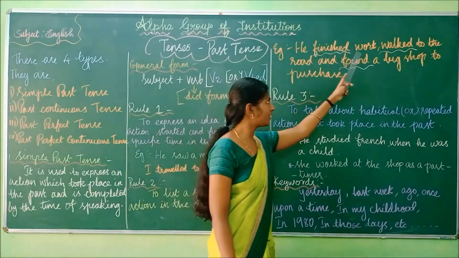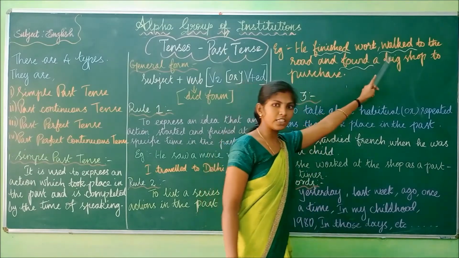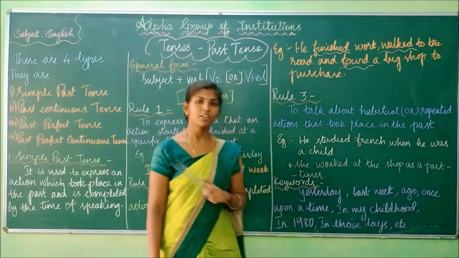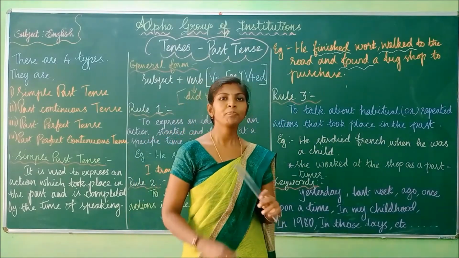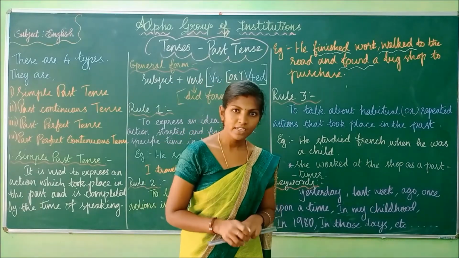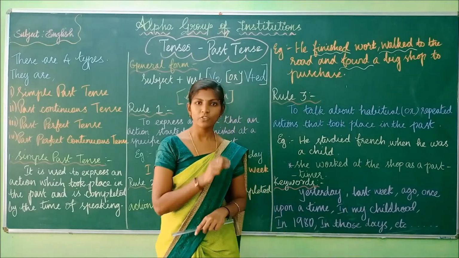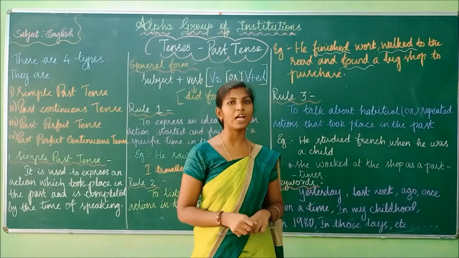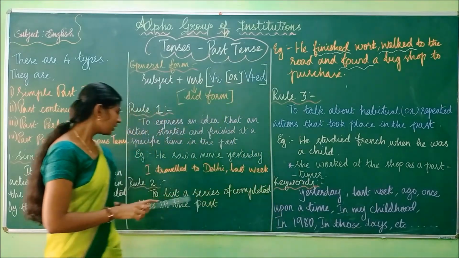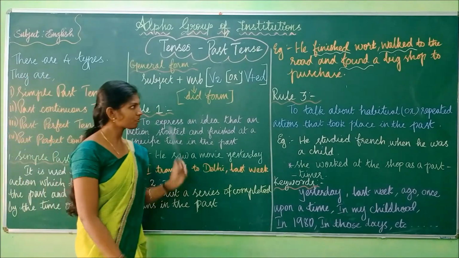For one more example, I did my routine and had my breakfast and then came to school. We are saying it as a series of actions that is completed in the past. So rule number 2 is to list a series of completed actions in the past.